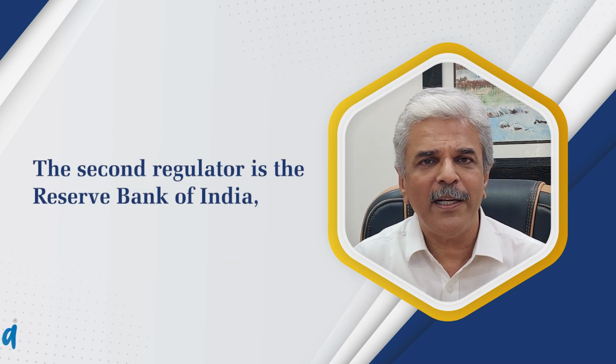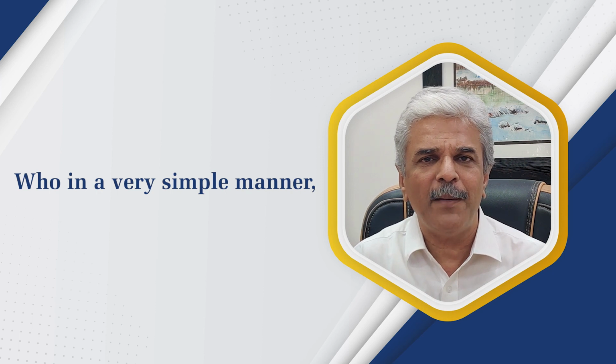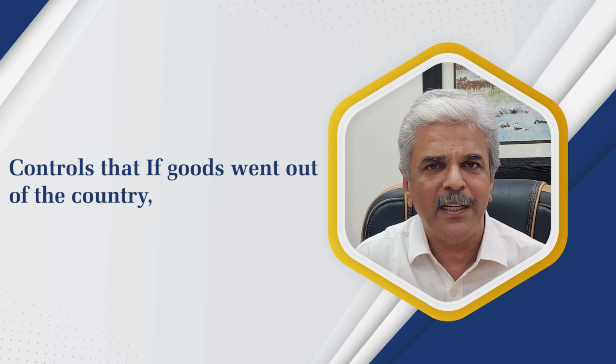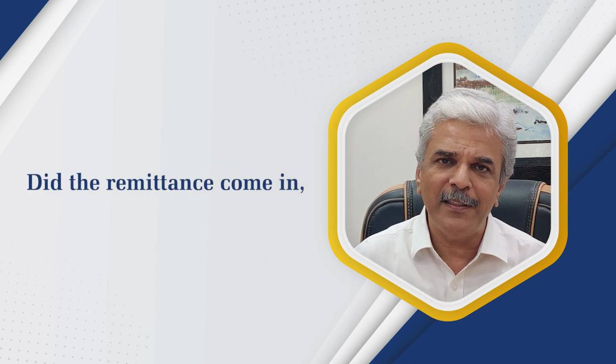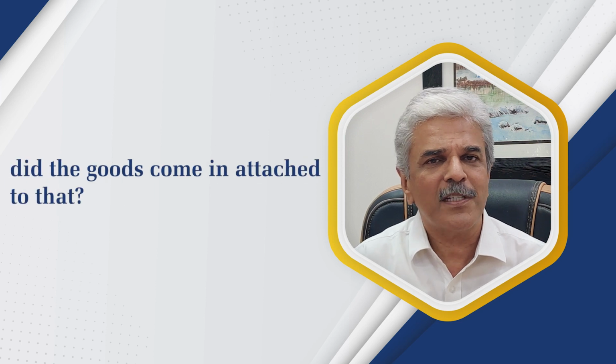The second regulator is the Reserve Bank of India, who in a very simple manner controls that if goods went out of the country, did the remittance come in? And if a remittance went out of the country, did the goods come in?